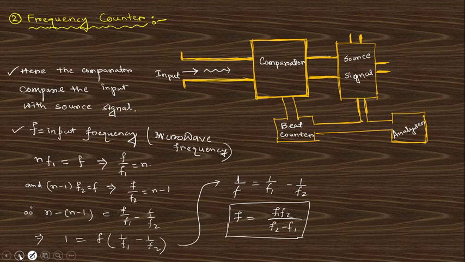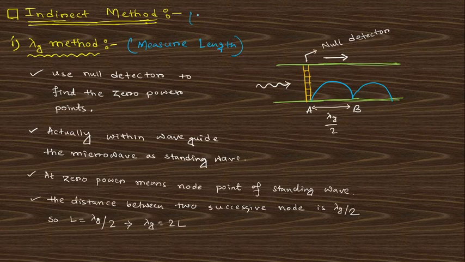And the indirect method does not measure frequency directly, whereas in the direct method we measure the frequency directly.